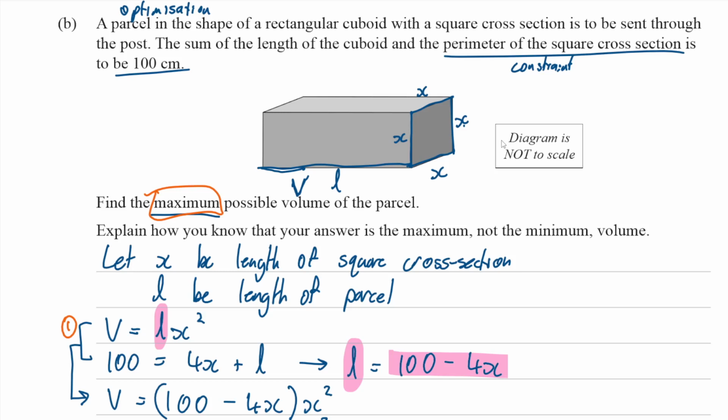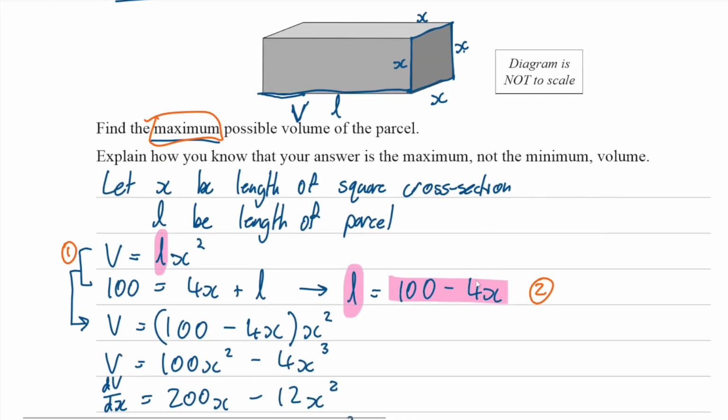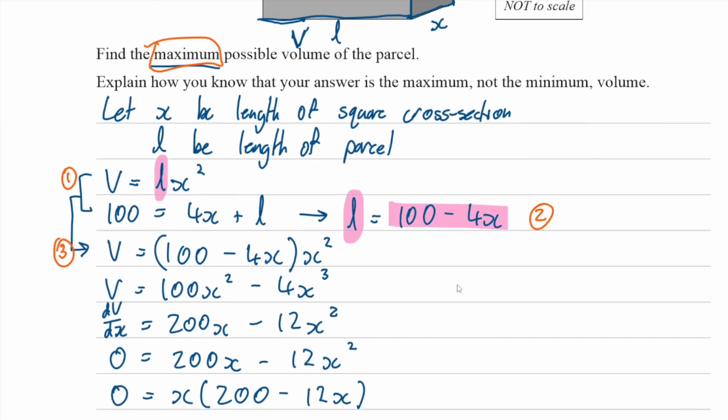Then we used our parameters in a constraint equation to find a relationship between the two, so that we could then express volume in terms of a single variable. And we did that so we could differentiate it. And if you got that far, that is achieved.